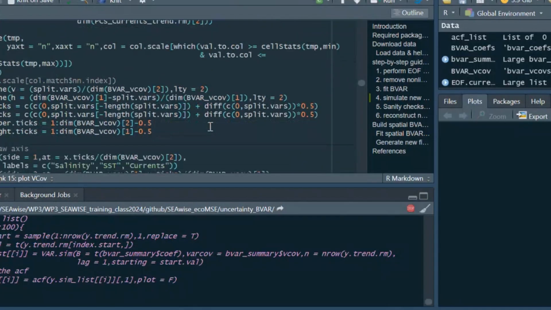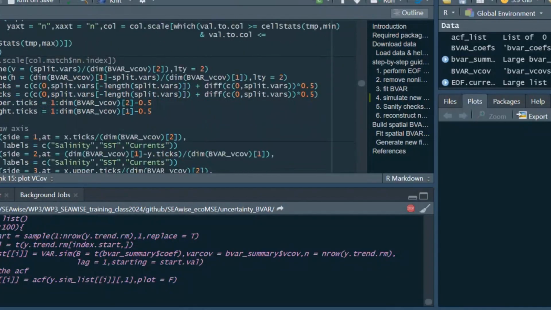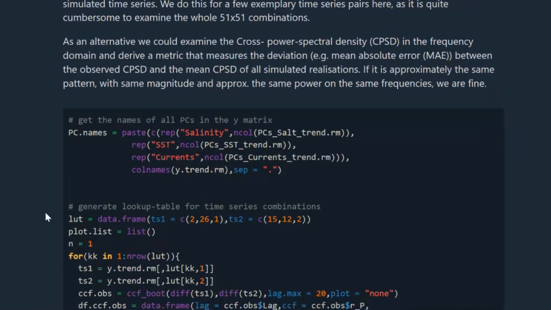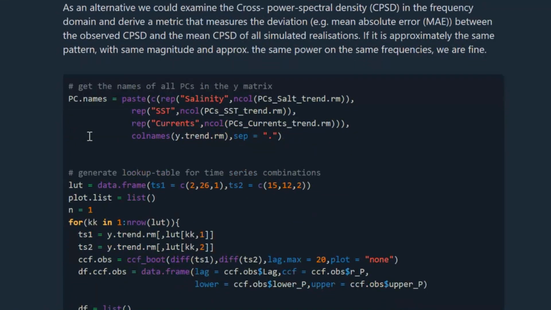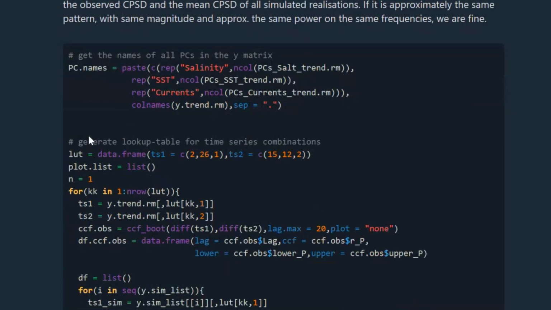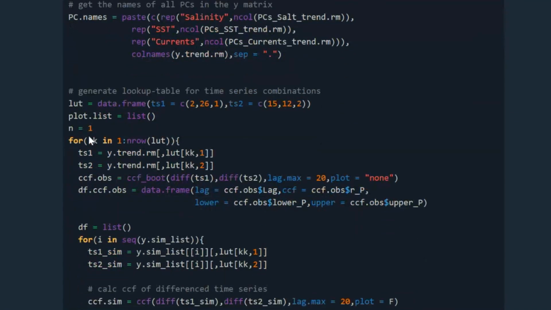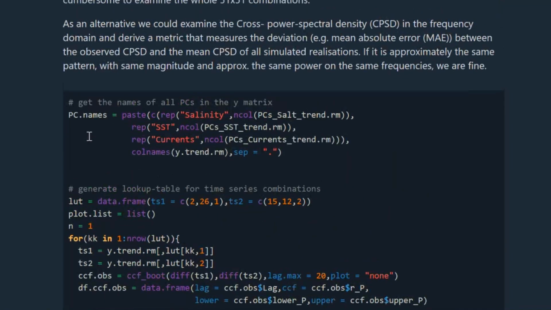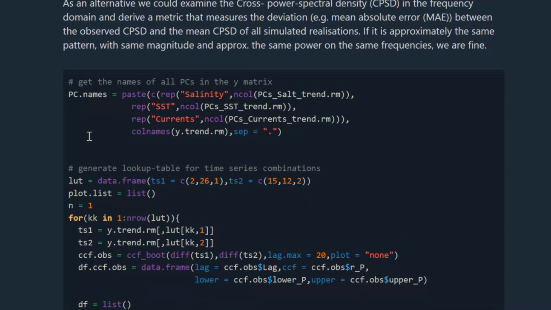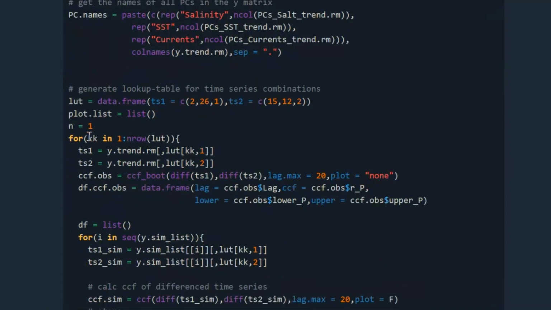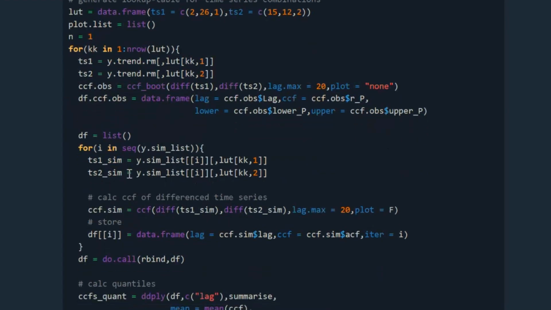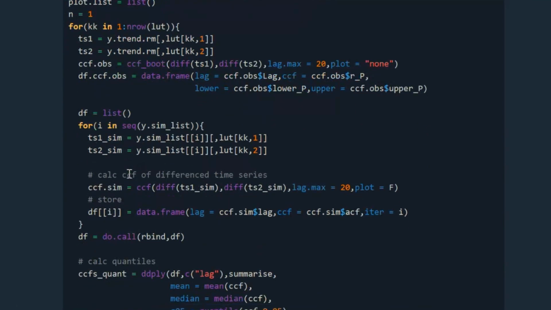Okay, generating the ACF also takes quite a while, so we might be better off here in the HTML. So yeah, here I try to calculate the CCF, the cross correlation function, for various combinations, and plot those.